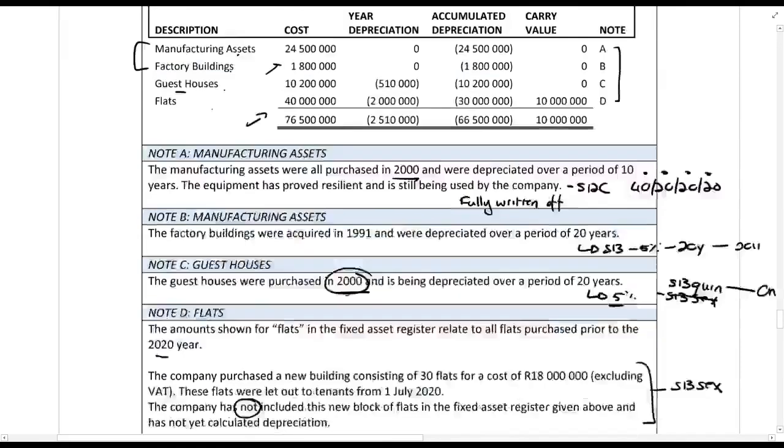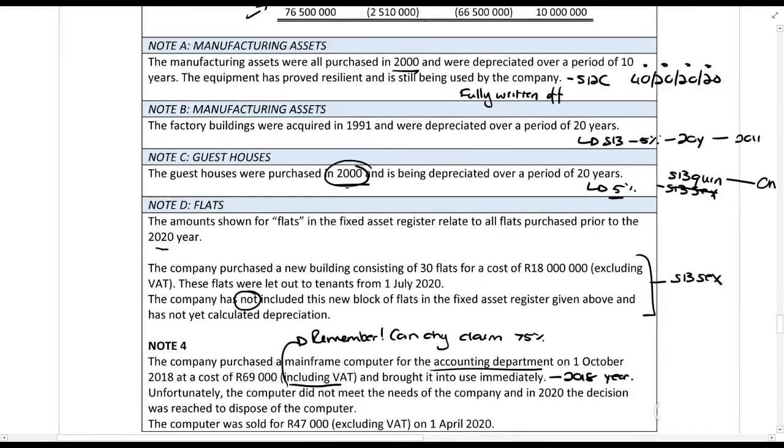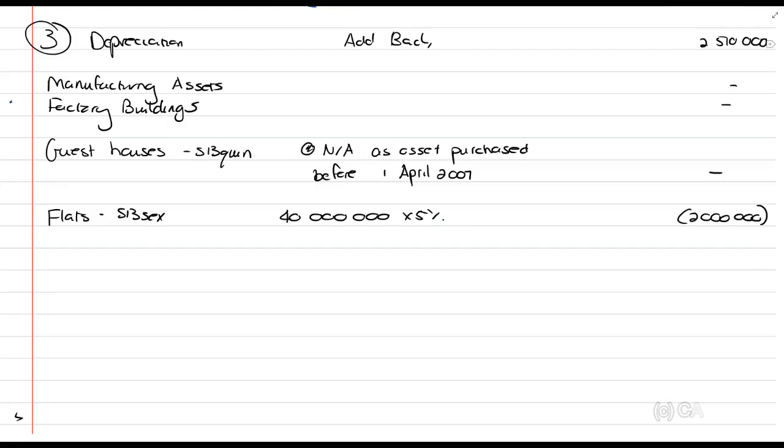Okay, then they say new flats are purchased, 30 for 18 million. So the first thing I want to do is check if it's low cost residential units. So cost per flat.